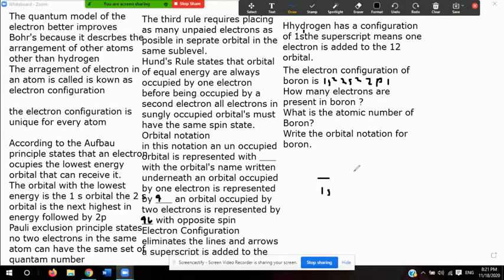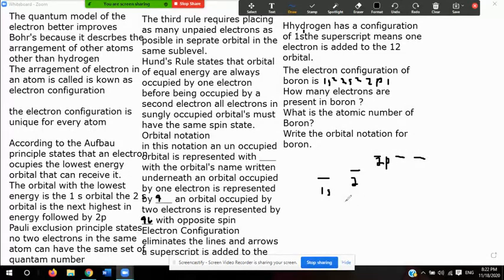After we're done with 1s, the electrons are arranged in the 2s orbital, and then followed by the 2s orbital, they are arranged in 2p. Now, if we go back to the previous video, we said that p actually had 3 orbitals. So that means that there are actually 3 lines.